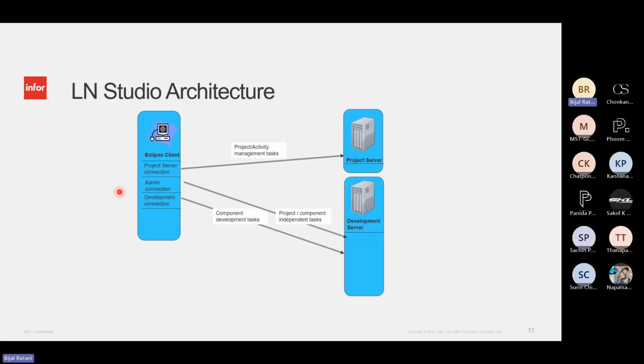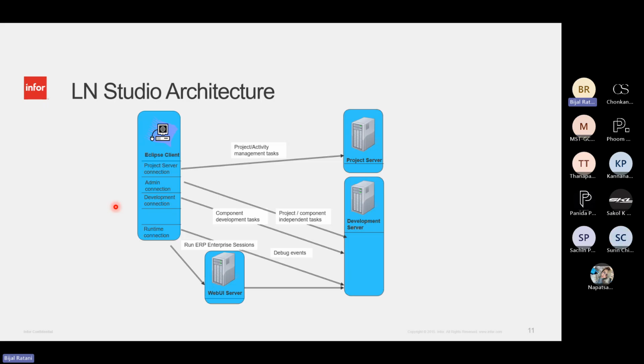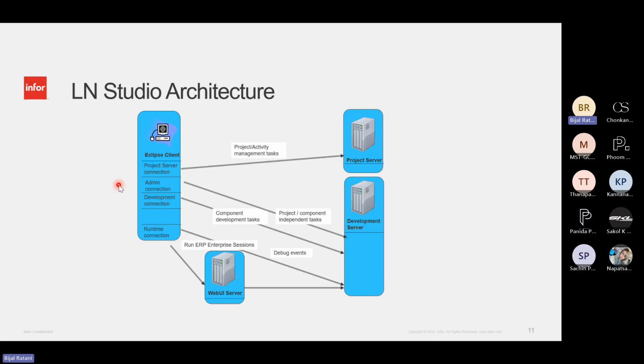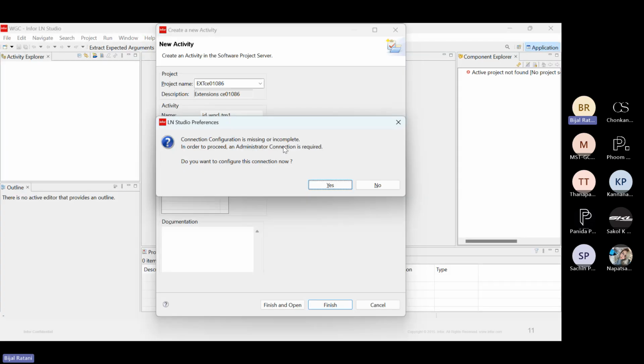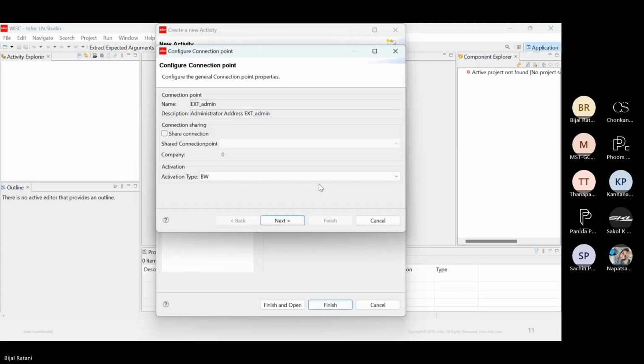Admin connection and development connection can be done during creation of an activity along with runtime connection. This is the first time setup. If you create another activity, say activity 2, you don't have to establish these connection points. This is done only once for that workspace. So at the time of creating an activity, I can set up the administration connection. I will say yes.